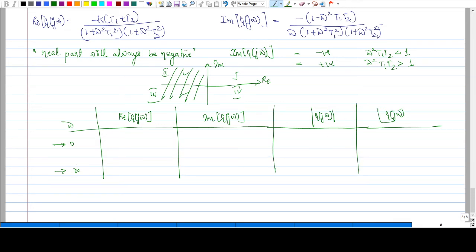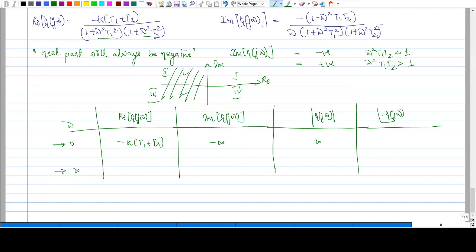So now when omega tends to 0, what about the real part? When omega tends to 0, this term gets neglected. So what remains is minus k (T1 plus T2). Coming to the imaginary part, this term gets 0, so what you have is minus infinity. The magnitude of this will be infinity.